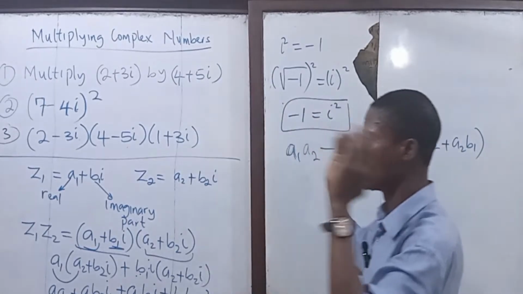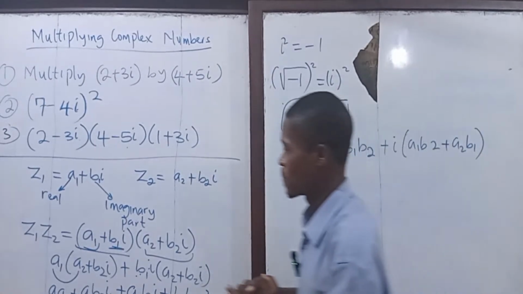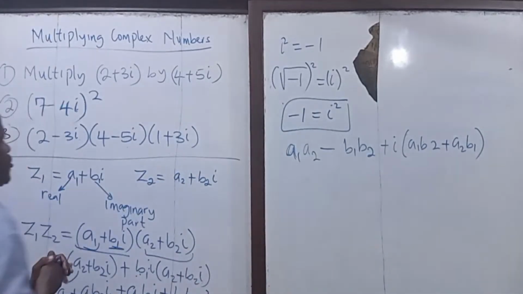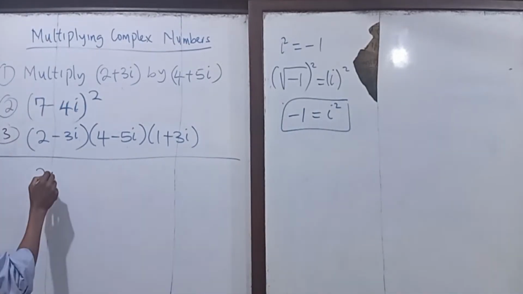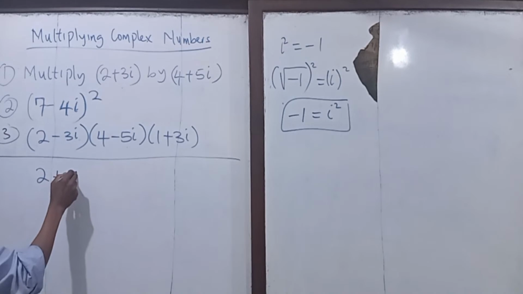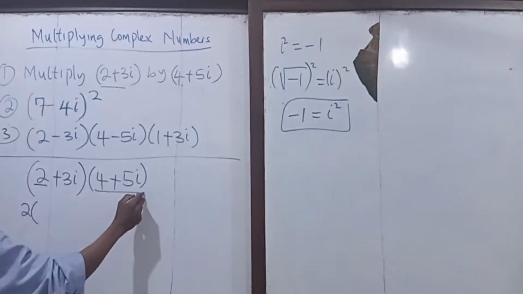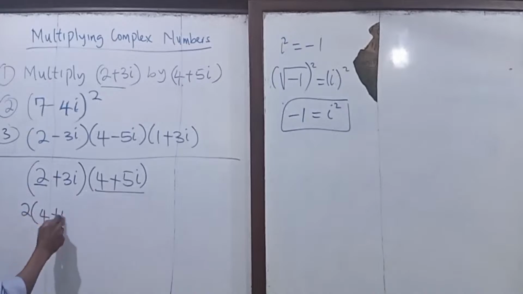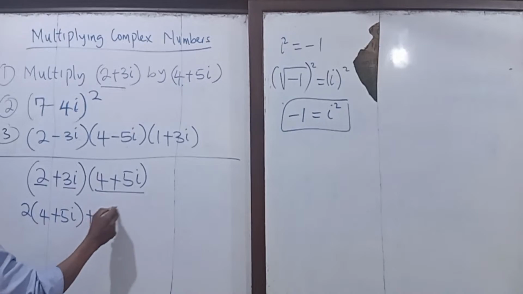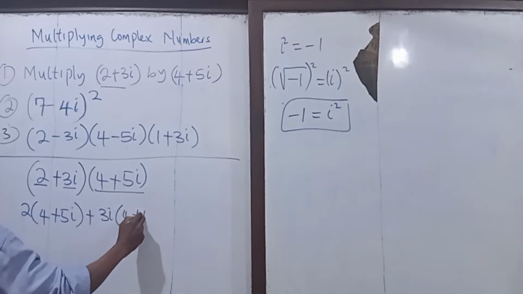Okay, so let's now go into detail on the multiplication of two complex numbers. Take this one: (2 plus 3i) times (4 plus 5i).